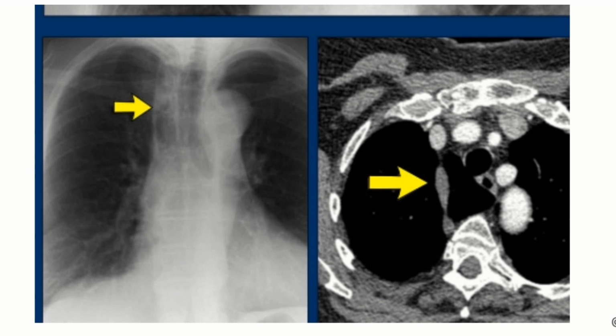This time they are pointing out the azygous vein, which is a big blood vessel in the chest. It's running through the azygous fissure, which is that split in the lungs caused by the azygous vein being a bit off center. So when they say the azygous vein is seen as a thick structure within the azygous fissure, they are just pointing out where that vein is in relation to the split in the lungs.